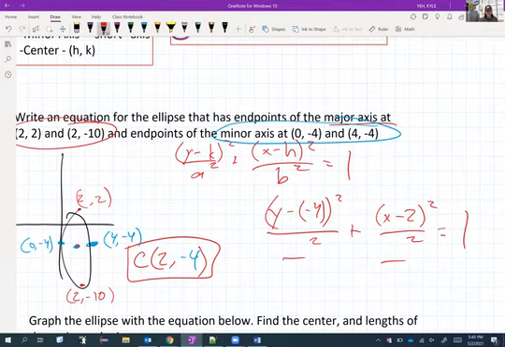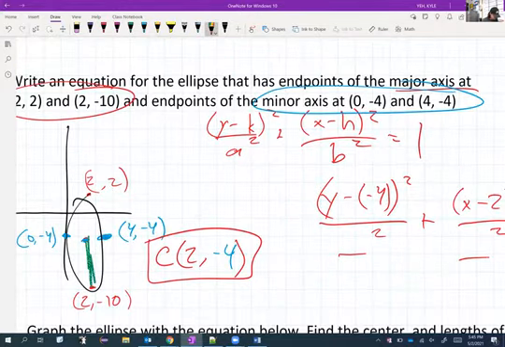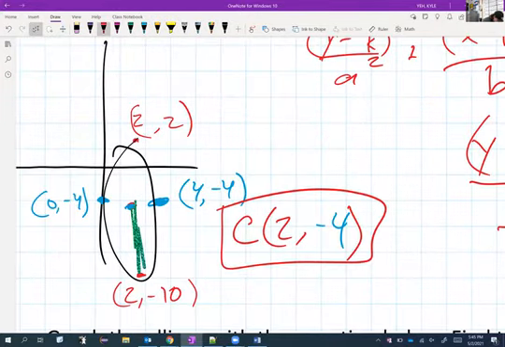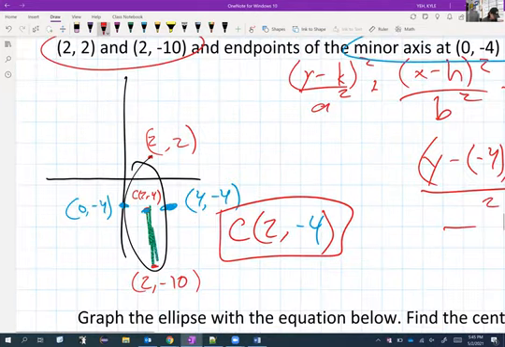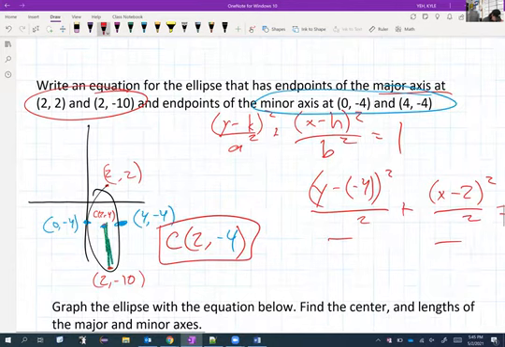And remember, A is this distance from the center to one of the major endpoints. So if the center is at 2, -4, what is the distance to go from there to 2, -10? 6 units. So A is 6.